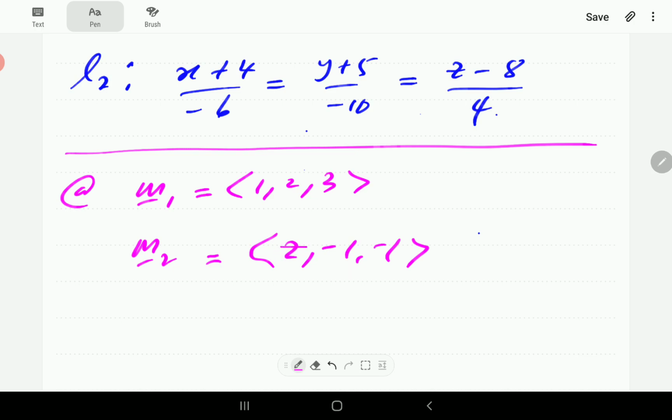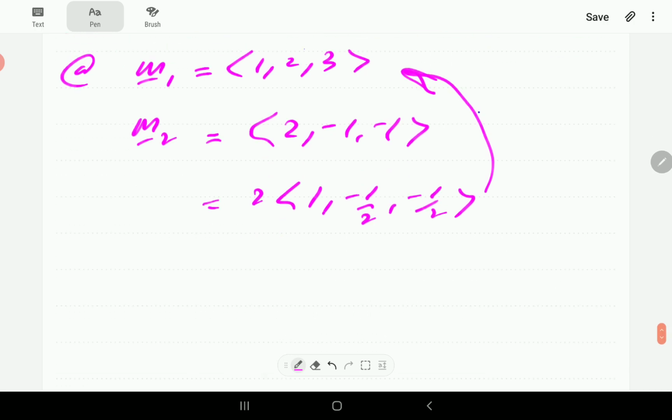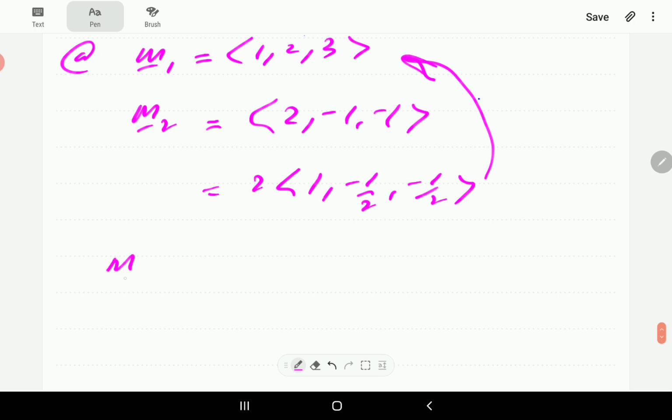If you factor out 2 here, then you're going to have 1, negative 1/2, negative 1/2, and so clearly that is not a constant multiple of M1. So M2 is not equal to K times M1. This implies that L1 and L2 are not parallel.